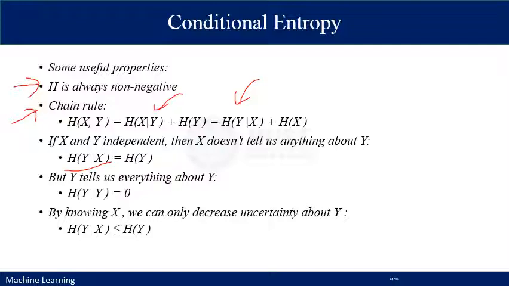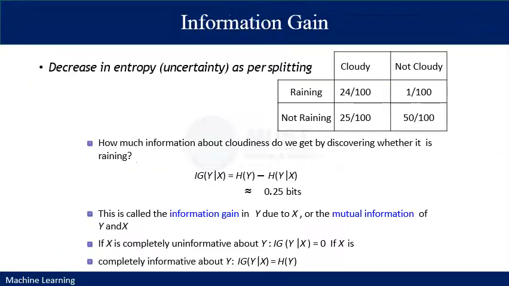However, Y tells us everything about Y. That means if we are only finding the entropy of the variable with respect to all of the occurrences, the entropy will be equal to 0. So by knowing X, we can only decrease the uncertainty about Y. As we know the examples, we can significantly decrease the uncertainty.